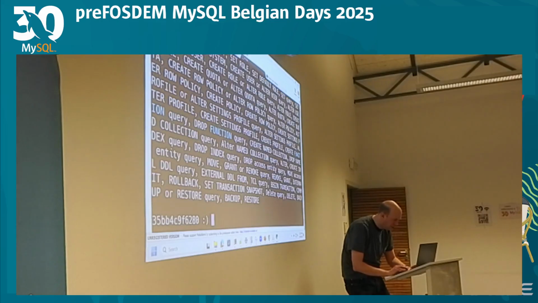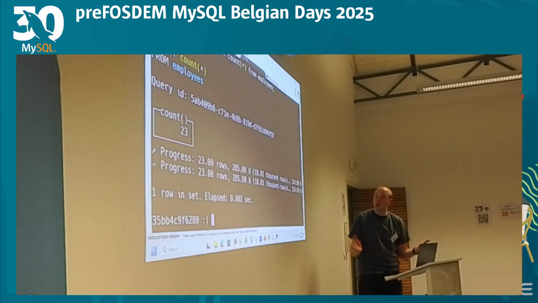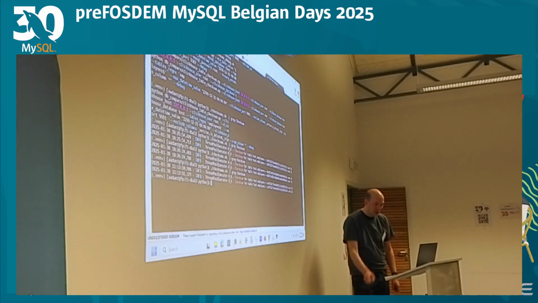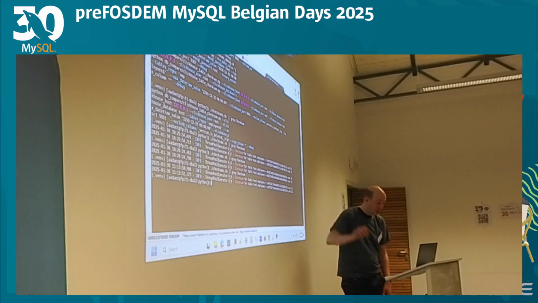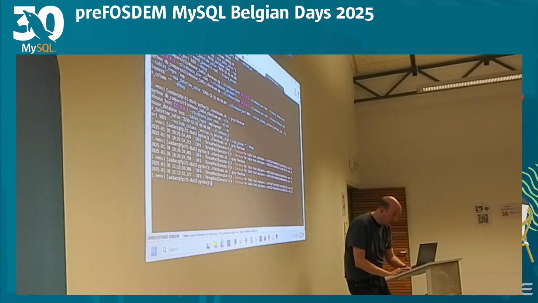Here I have to do it again. This way. And here I have 23 too. So I can even verify that it's correct, and I run the checksum. The checksums are the same, so 23. I'll show at the end of the presentation how the checksum works in terms of debugging.